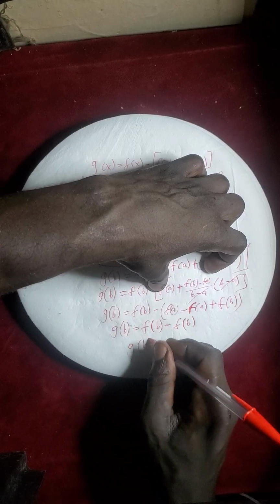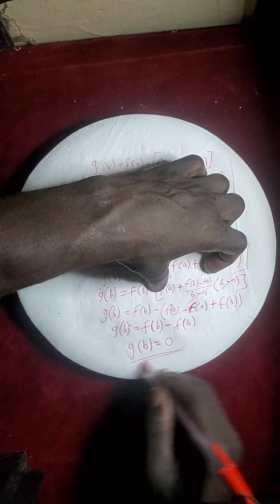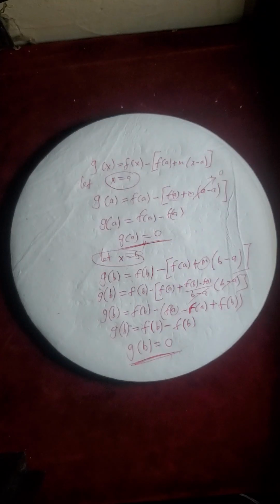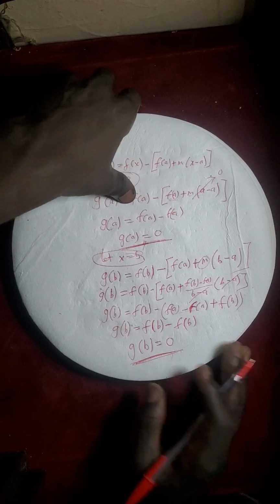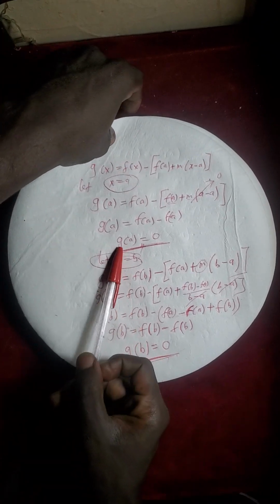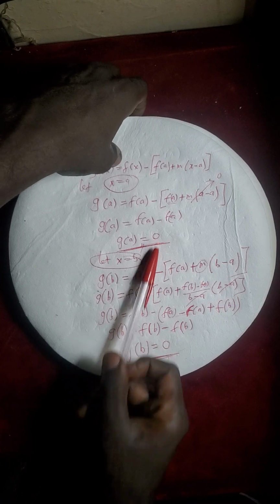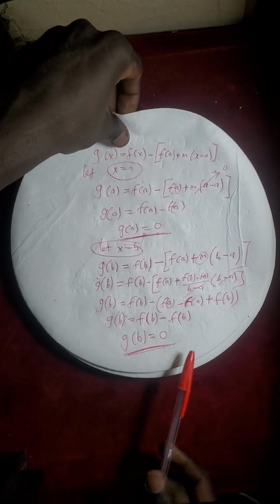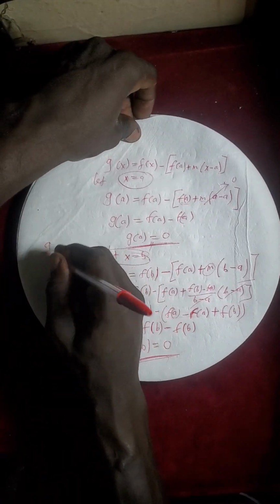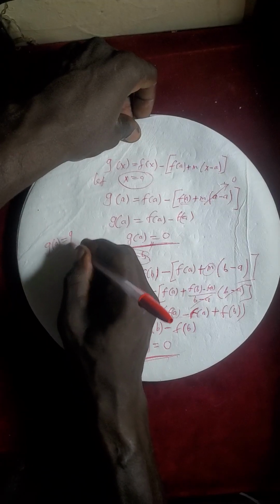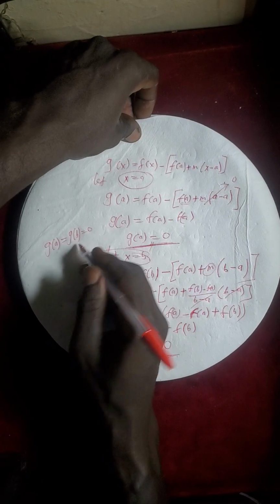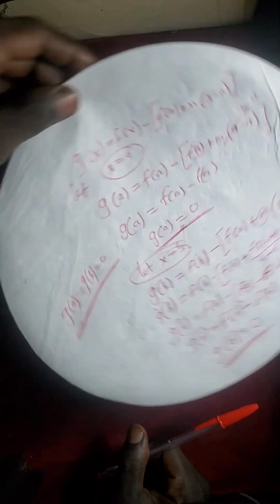So that's the case here now. We can see that g of a gave us a 0, and g of b has also given us a 0, meaning g of a equals g of b, and they have all produced zeros.